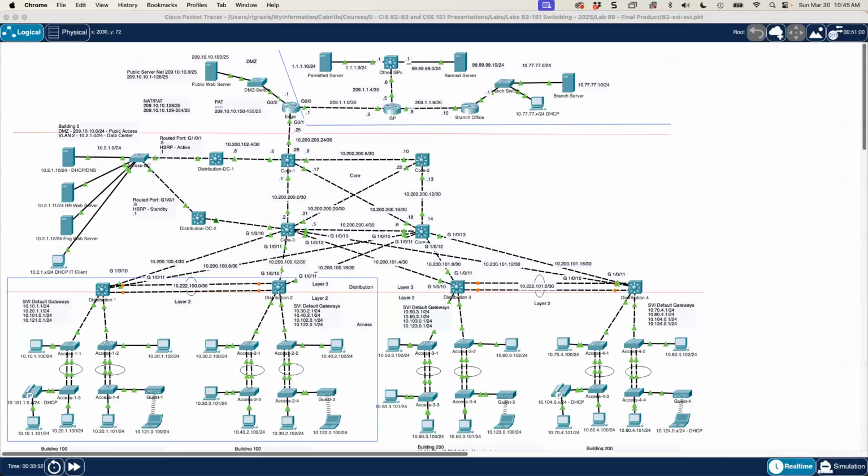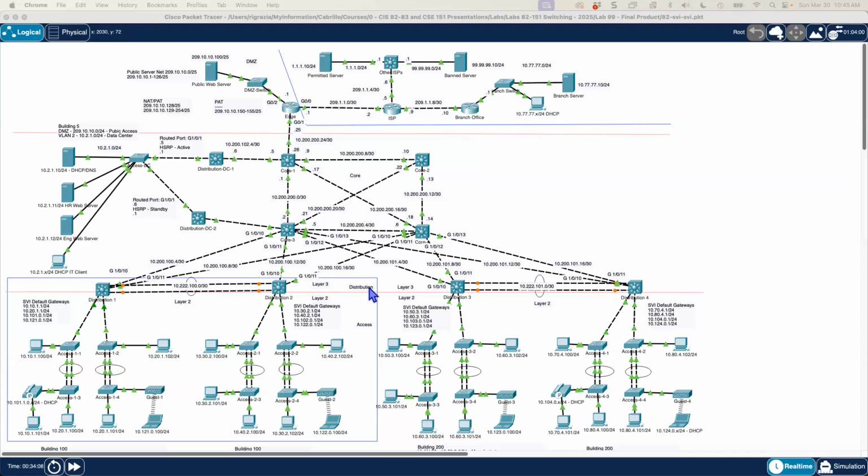You'll also gain a practical understanding of network architecture using the access, distribution, core design model, which promotes scalability, resilience, and manageability. Importantly, the rest of this network is already operational.